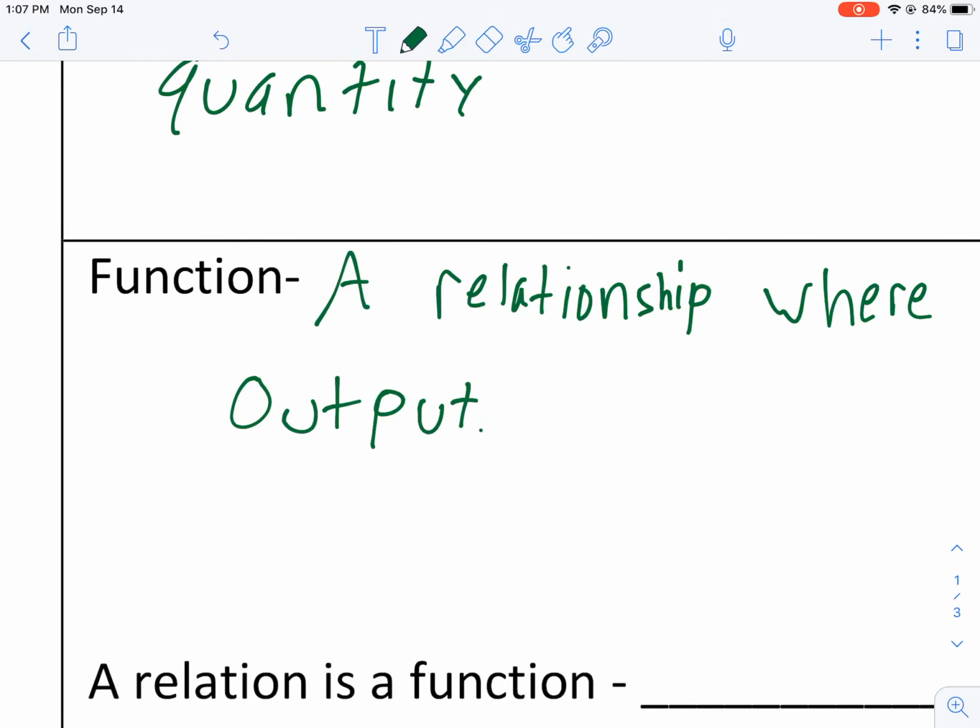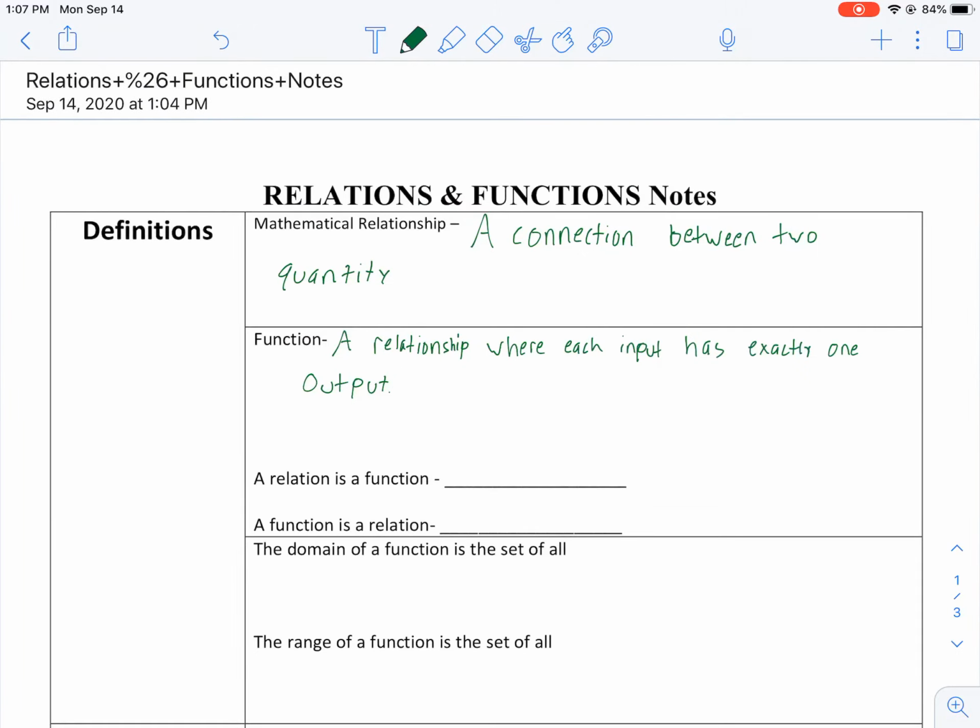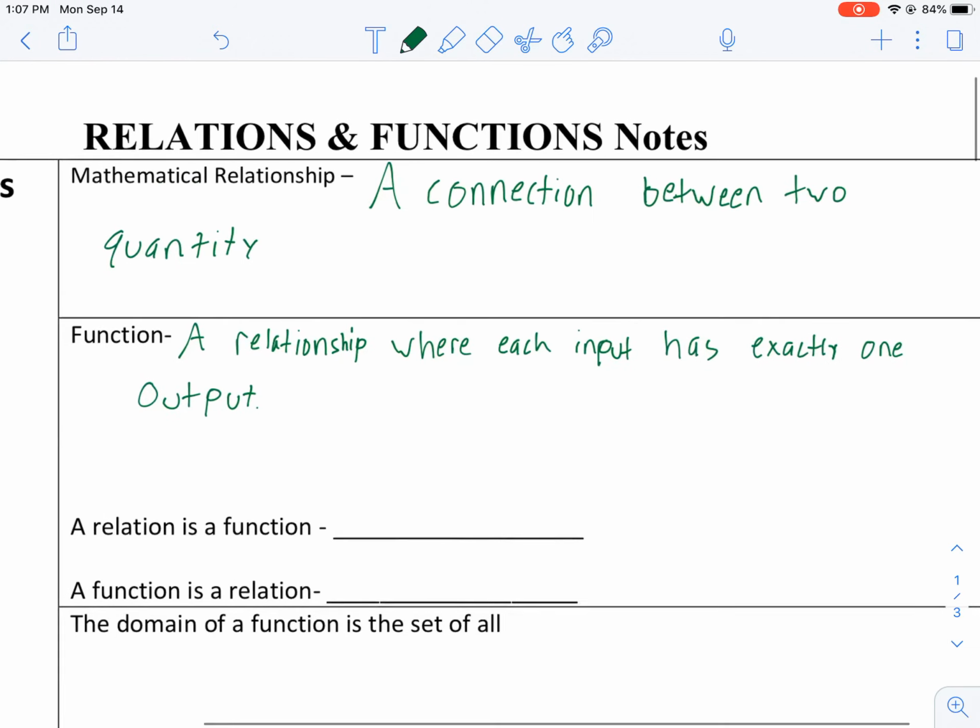And that's very important. Not more, not less. So if an input doesn't have an output, not a function. If one input can have two outputs, not a function, okay?